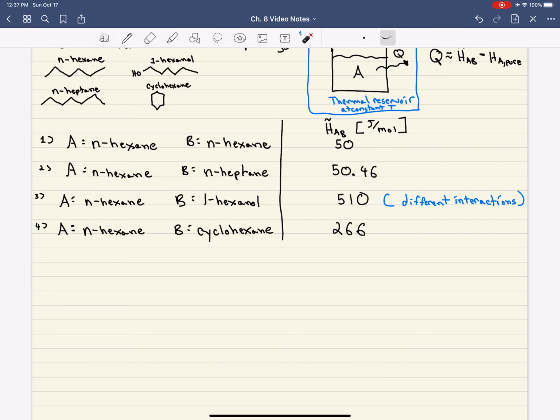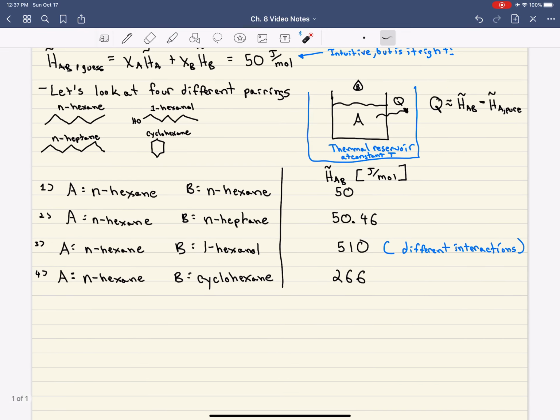And the reason for that is that even though the cyclohexane is made up of carbons and hydrogens, the molar volume of cyclohexane, because it's a ring, is much different than the molar volume of N-hexane. And so when the cyclohexane is pure, the molecules are able to arrange in such a way that it helps minimize the energy that each molecule feels. But if you start adding cyclohexane to N-hexane, these two molecules take up different sizes.